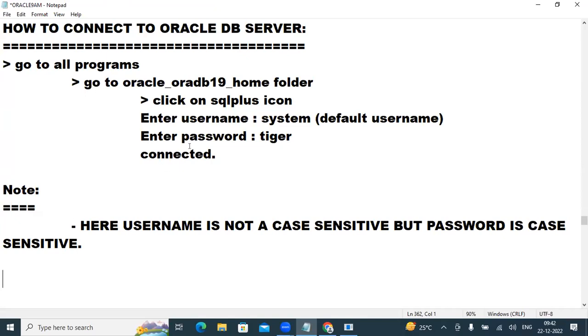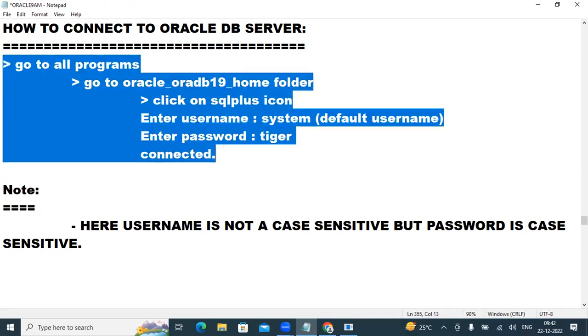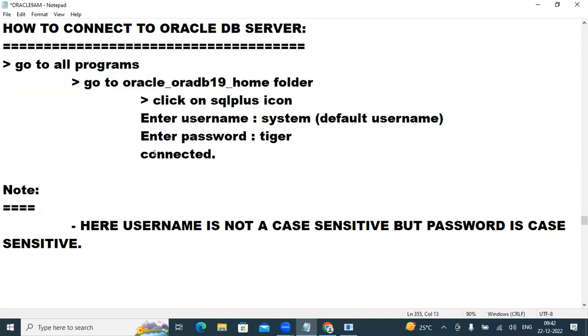Now come out, and these are the steps we need to follow. If you successfully connected with your default username and password, there is no problem and you can work happily. But sometimes we are unable to connect to the Oracle server, and we face some errors.